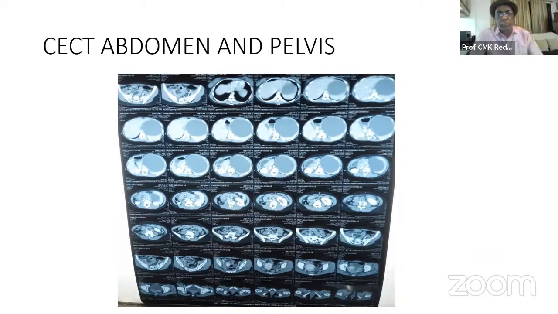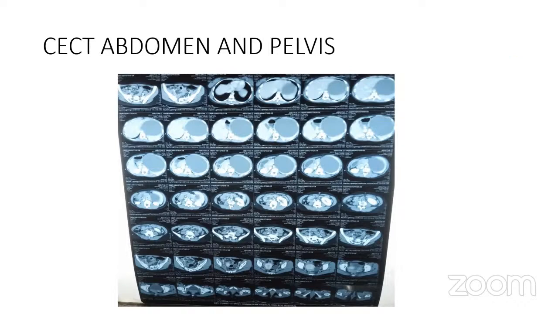Srividya, in which pseudocysts would you just follow them and not do anything? Sir, when the duration is less than 6 weeks and the size of the cyst is less than 6 centimeters, and it is not communicating with the pancreatic duct. Okay.